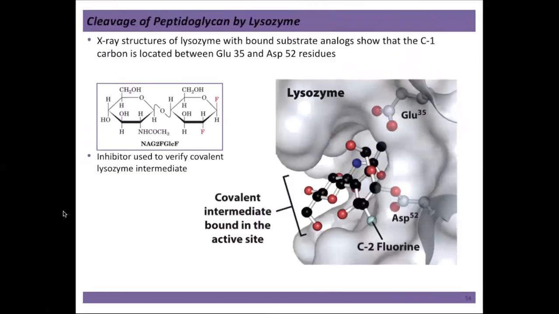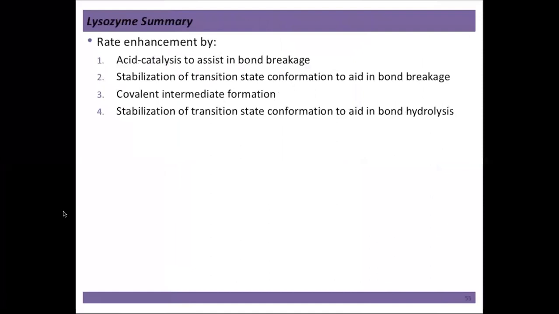And so here is just another view of this covalent attachment of this inhibitor that lets you know that the aspartate is close enough to form a covalent attachment to that anomeric carbon right there. Okay, so lysozyme: its rate is enhanced by acid catalysis to assist in the bond breakage.